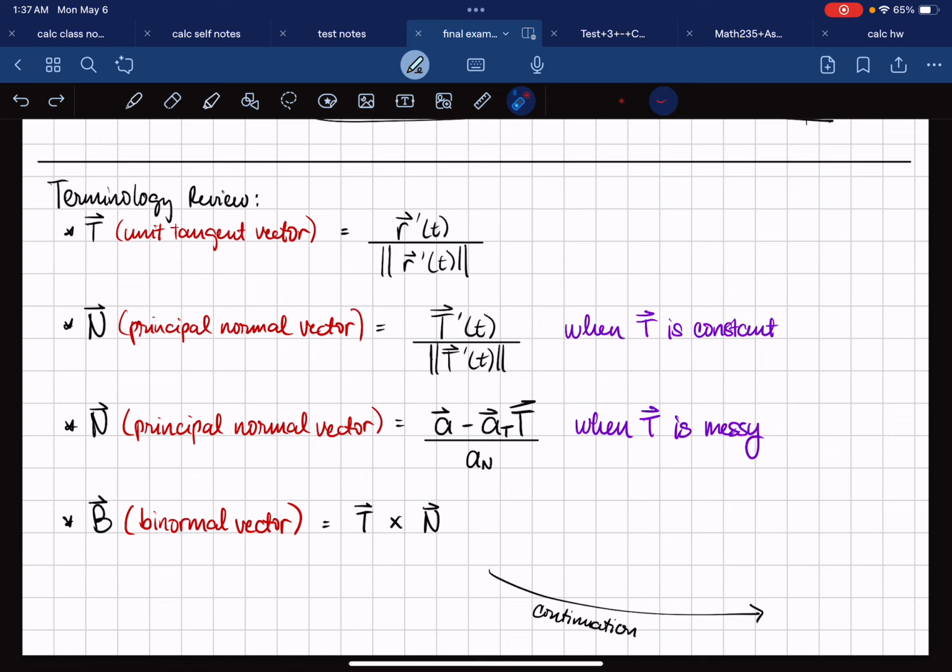There, done. And then you have N, which is the principal normal vector. And it's this right here. But you also have N, which is exactly the same thing, principal normal vector, but you have this equation. And note that we're using this equation when T is constant.